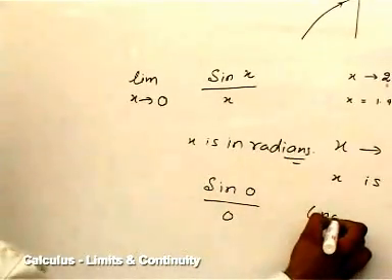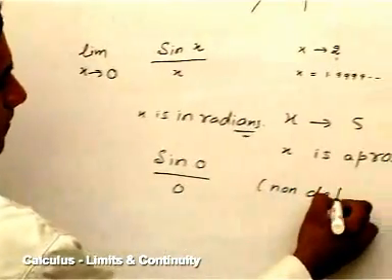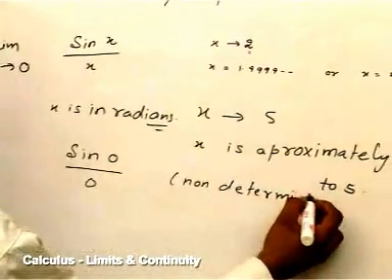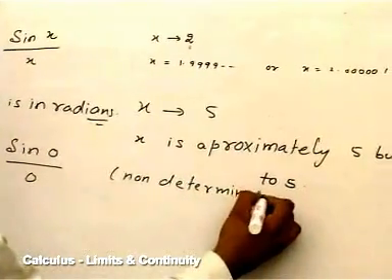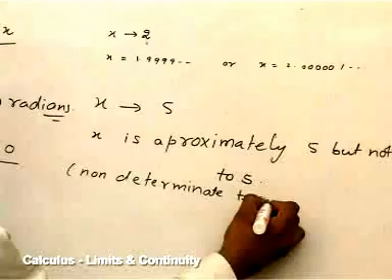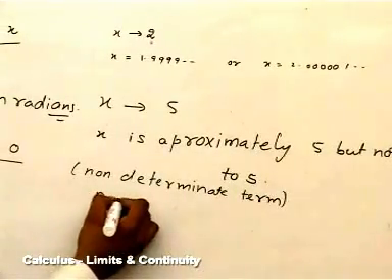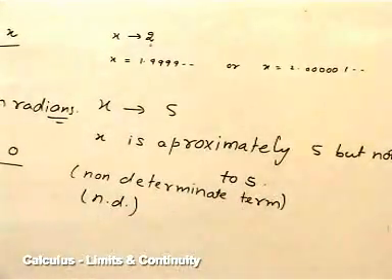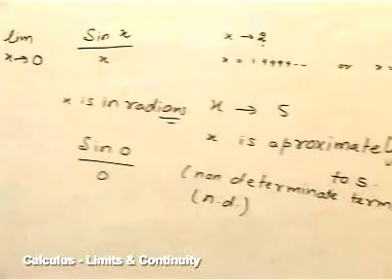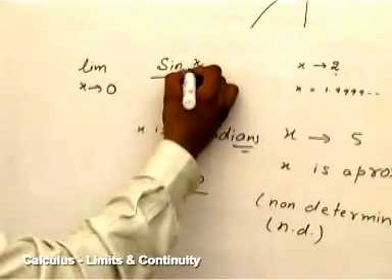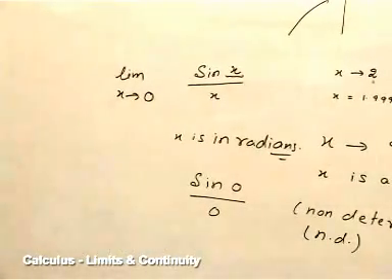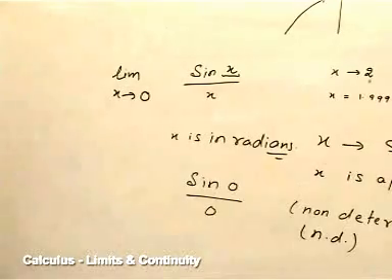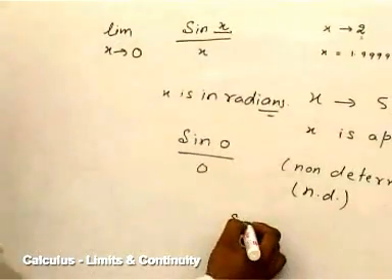This is called a non-determinate term, or in short, a not defined term. So we have to simplify by taking very close values, approximately x equals 0 but not x equal to 0.